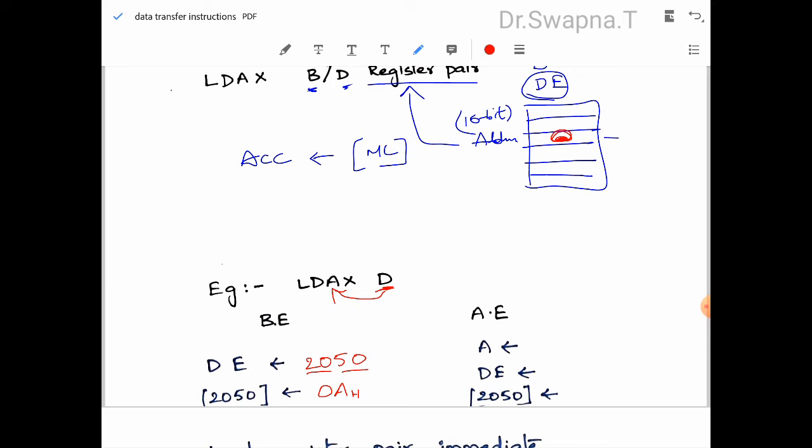So the content of 2050 is 0A. So 0A gets copied into the accumulator register. And as told, the source will not get altered. So the DE contents will not change, and also in 2050, the 0AH remains the same.